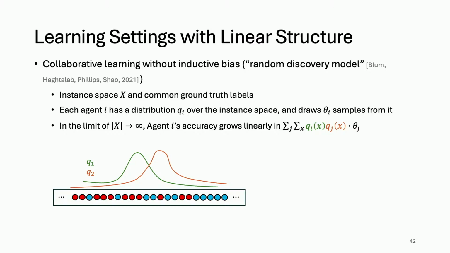When the input space is large enough, going to infinity, then agent I's accuracy can be written as a linear function, a summation over all agents and over all data points of Qi of X and Qj of X times theta J. This inner product of Qi and Qj represents the similarity between the distributions Qi and Qj, and this formulates the weight Wij in this linear model.